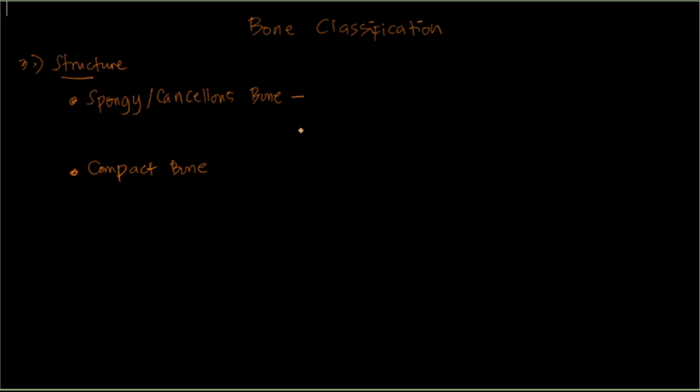And also, when we say spongy, they are also composed of your open spaces. So again, they are composed of your trabeculae and open spaces.